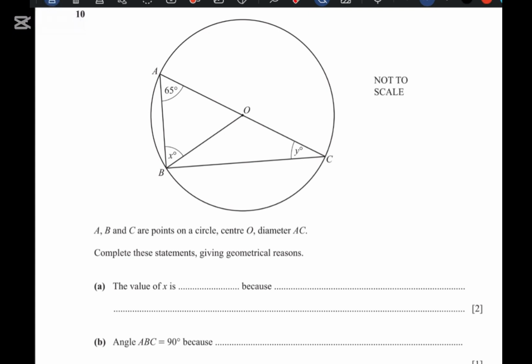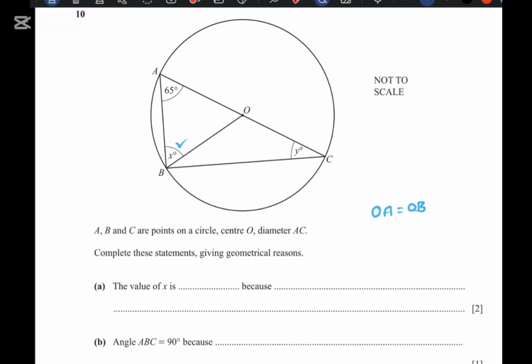First one: the value of x is dash. For that you have to see this triangle AOB. OA and OB are equal. Why? Because they are radii of the circle. When two sides of a triangle are equal, that is an isosceles triangle, and the angles opposite those equal sides will always be equal, the base angles.